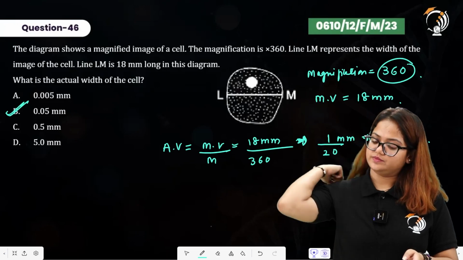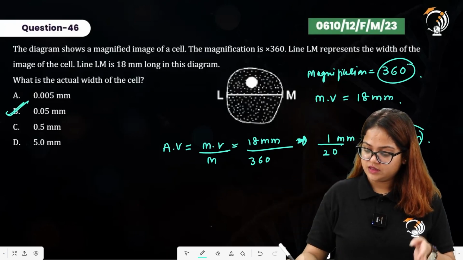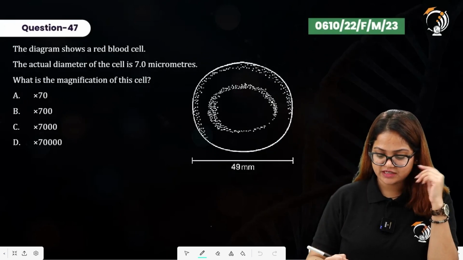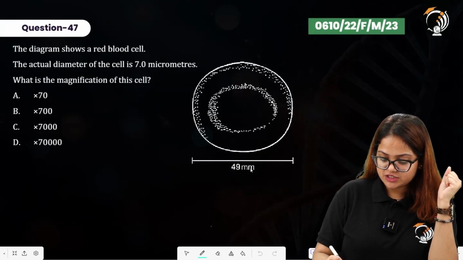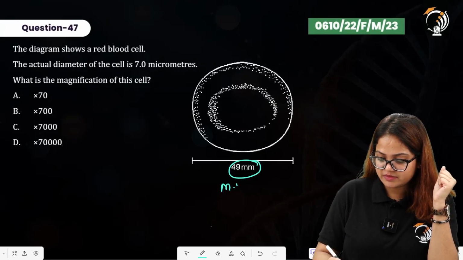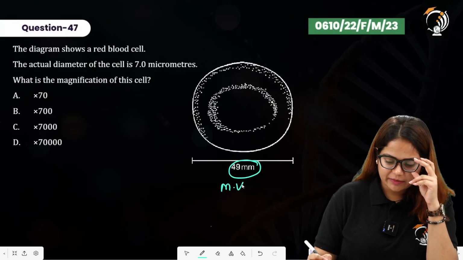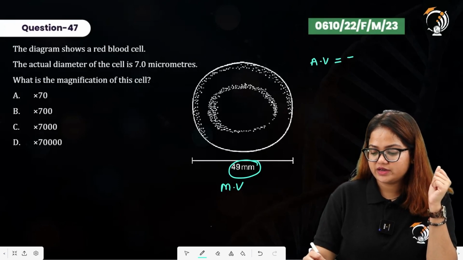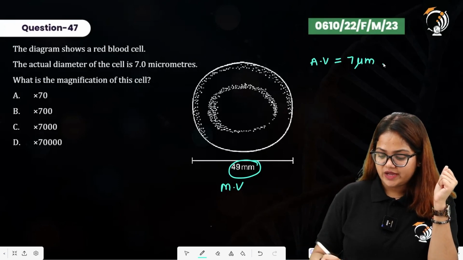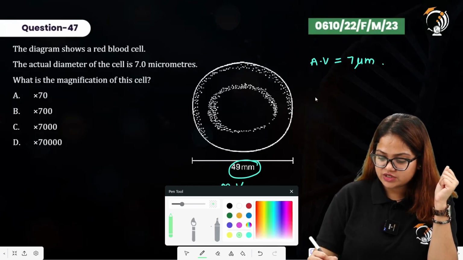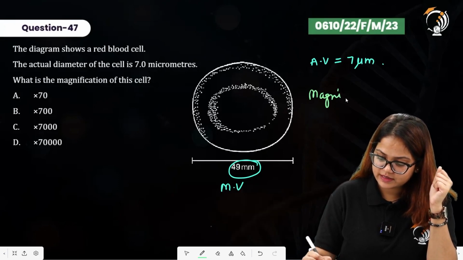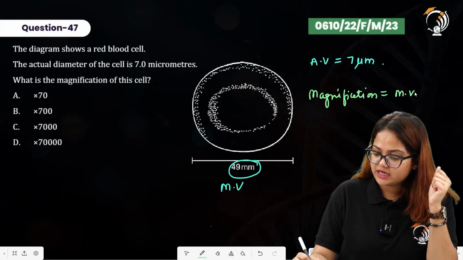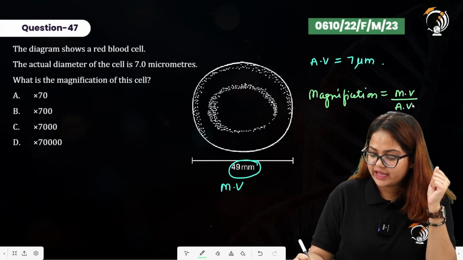Moving to question number 47. The diagram shows a red blood cell. 49 millimeter here represents the magnified value. The actual diameter of the cell is 7 micrometer. You have to calculate the magnification. The formula is magnification equals magnified value divided by actual value.